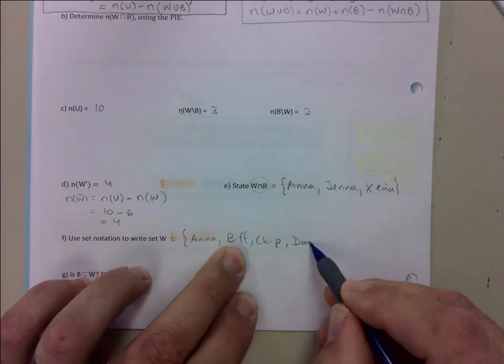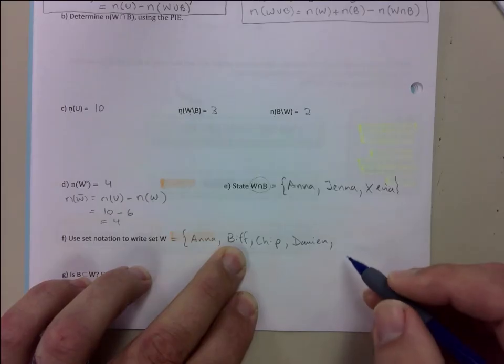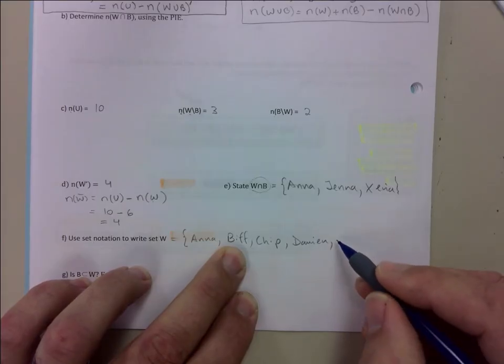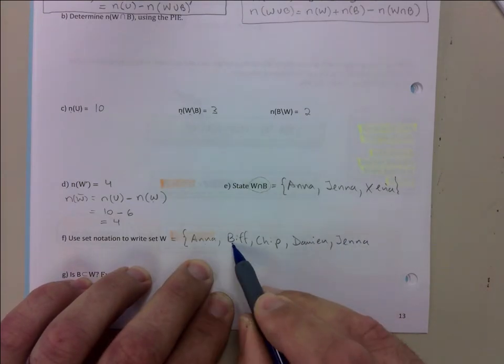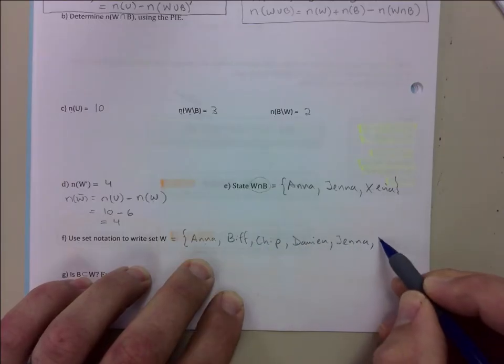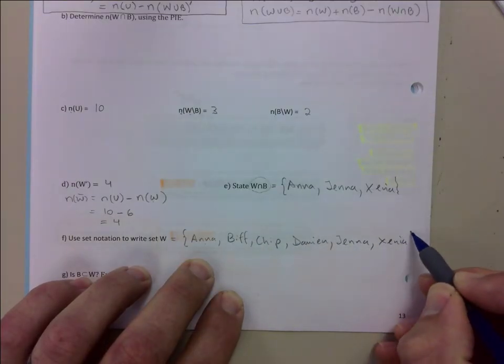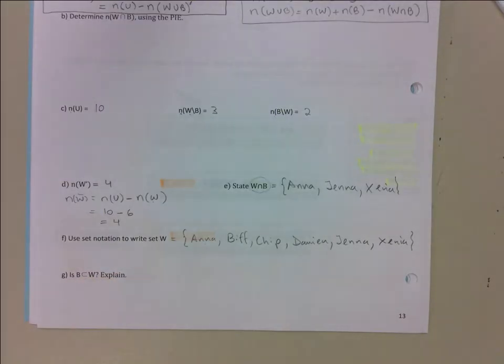Damien. Who's next? Jenna. I feel like I'm forgetting one. 1, 2, 3, 4, 5. There's supposed to be 6, so we're good. We have 6 elements in W. These are the students that walk. Okay?